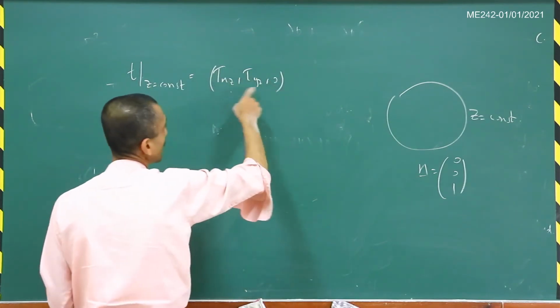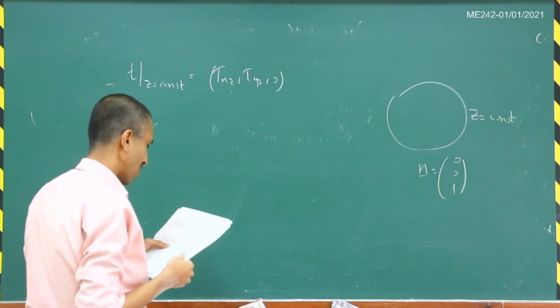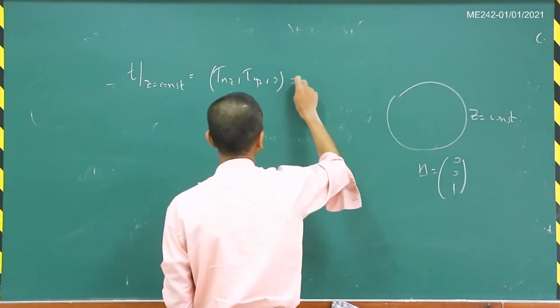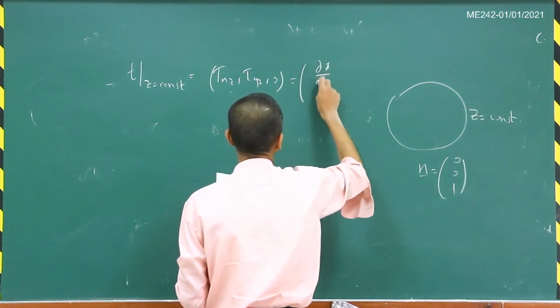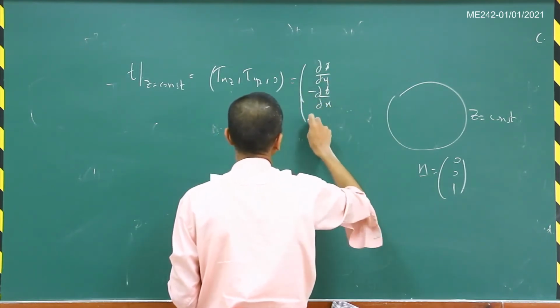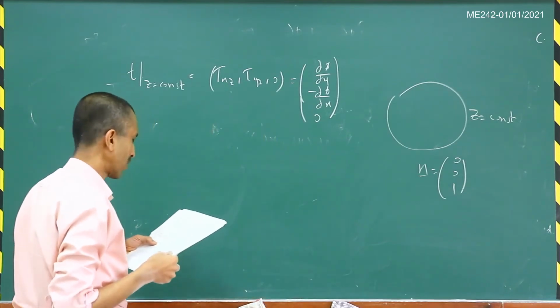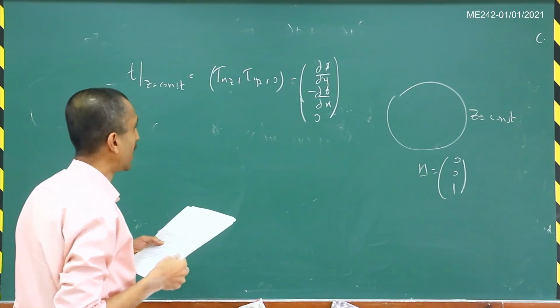Just by multiplying tau with this normal, these are the traction components that you will get on a surface z equal to constant, and this is equal to del phi by del y, minus del phi by del x, 0. So these will be the traction components that act on any surface z equal to constant.